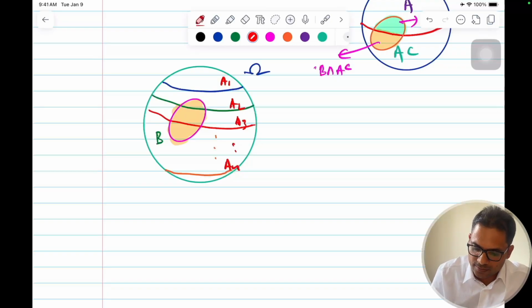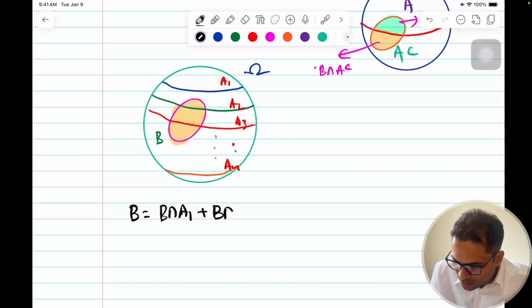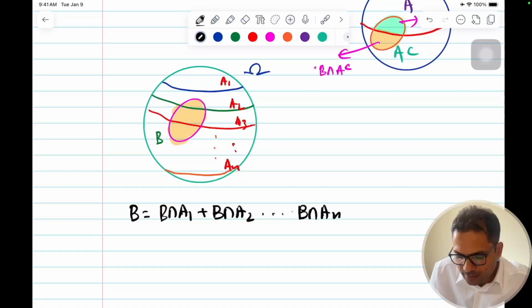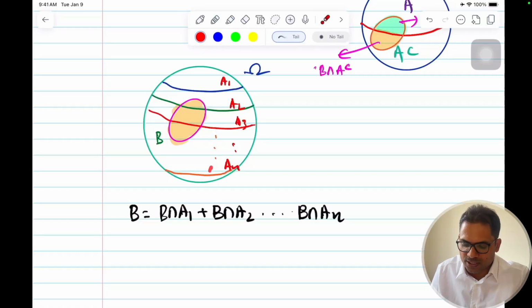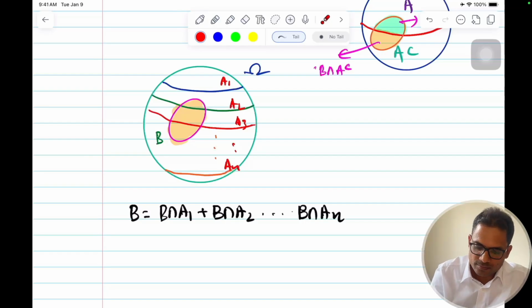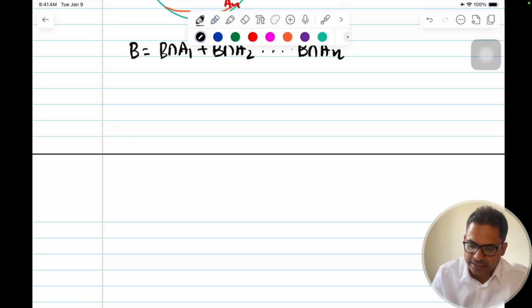Can we write that B is equal to B intersection A1 plus B intersection A2, and so on till B intersection AN? These are the n parts, and we take the intersection of B with each of the parts. Finally, if I sum them up, that will give me the total probability of B. And this is called the law of total probability.